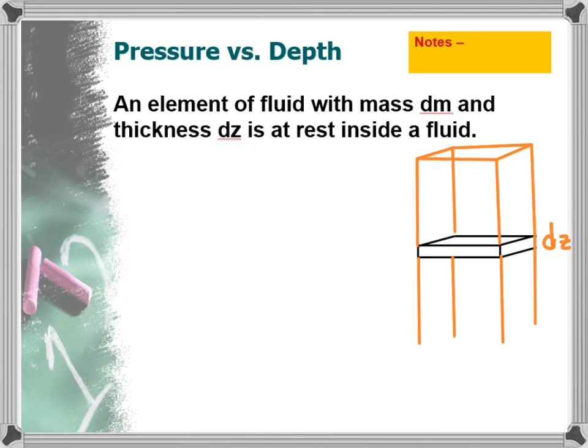This is the element of fluid that we're looking at, this black slab here, and it's at rest, and it has a bunch of fluid on top and a bunch of fluid on bottom, and that's what's in orange there. And what we can ask ourselves is, okay, if it's at rest, then that means that all the forces acting on that element have to equal 0.